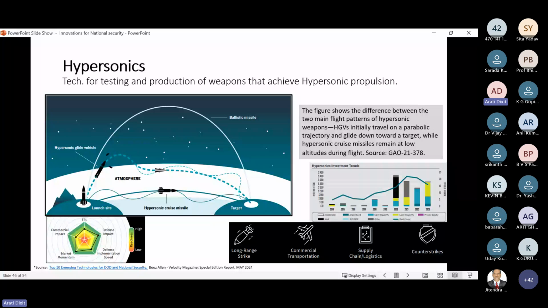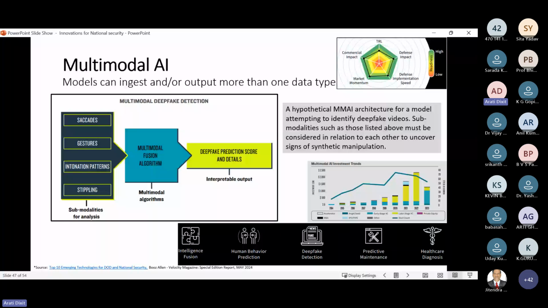And the next area is multimodal AI. So multimodal AI, MMAI, focuses on models that can ingest, take into account, or output more than one data type. So it takes into account different types of data to build the model.